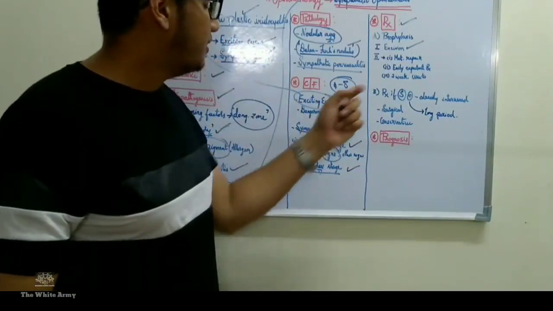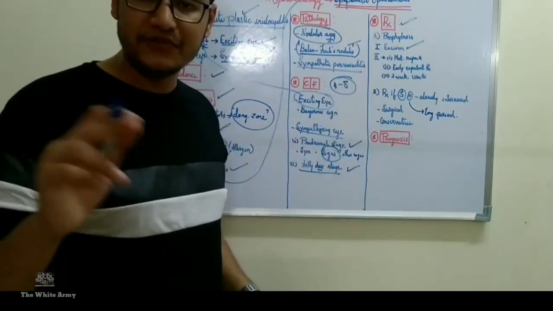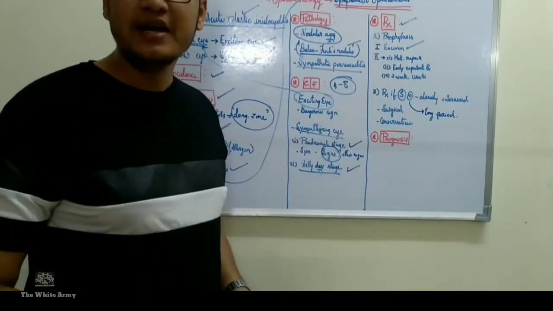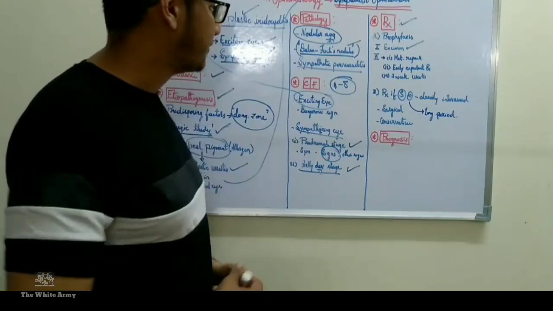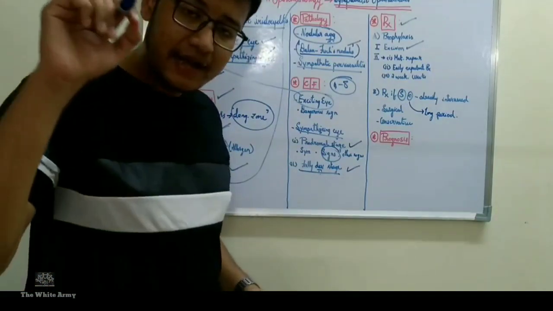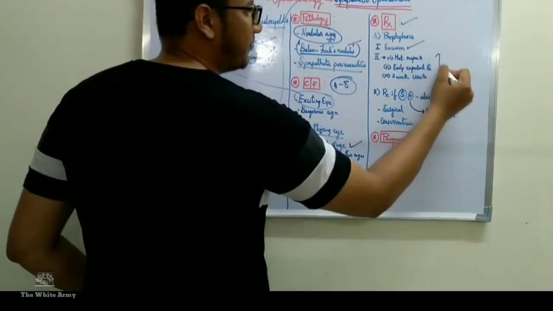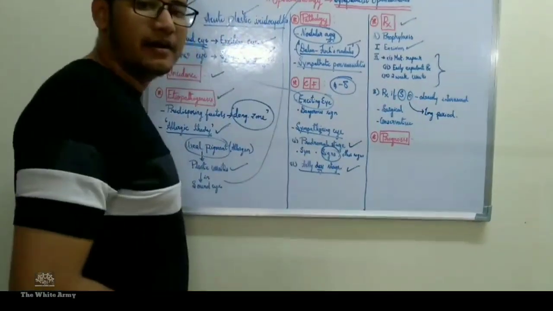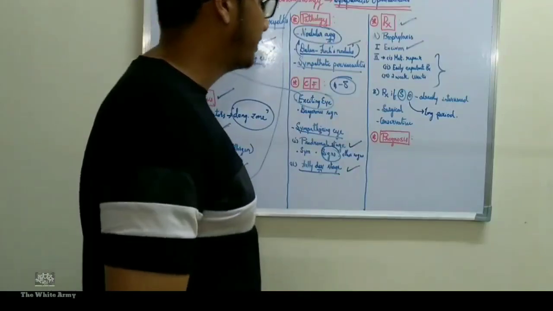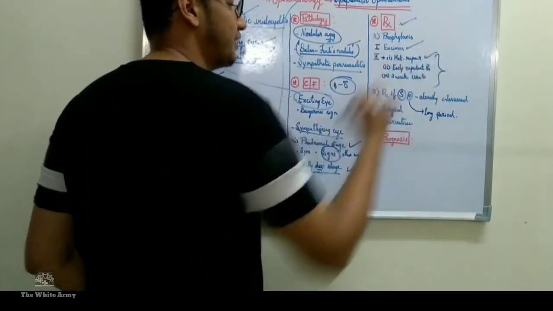But this is carried out only when the injured eye has no hope of useful vision. If there is a hope of useful vision, then there are three other types of prophylactic measures which we can carry out. The first is meticulous repair.